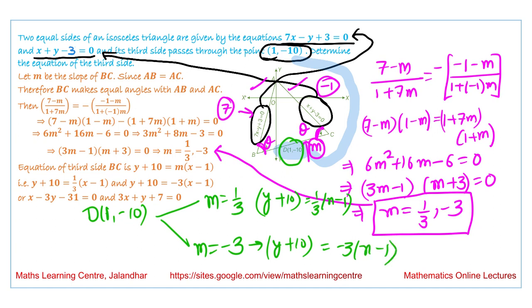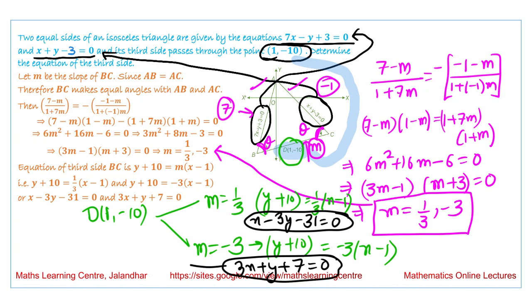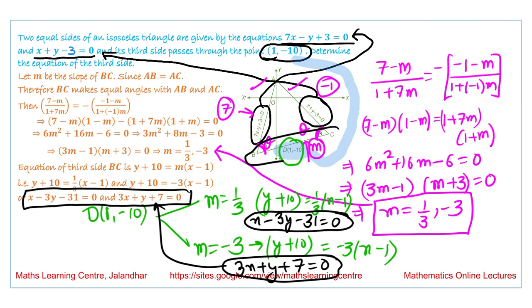So the two equations that we obtain are x minus 3y minus 31 is equal to 0, or 3x plus y plus 7 is equal to 0. These are the two equations of the lines that can act over here as the side BC.